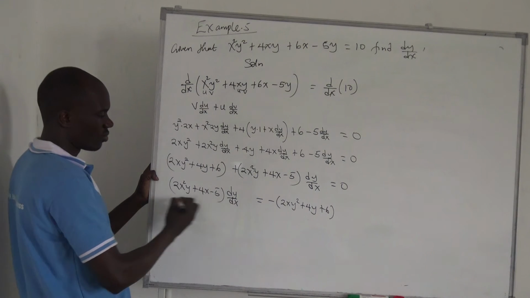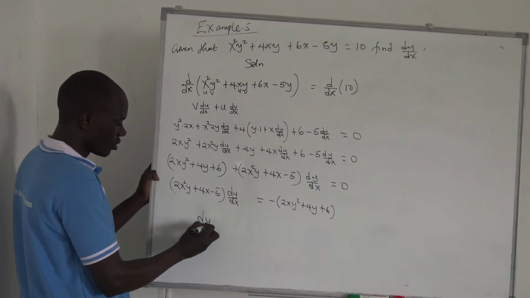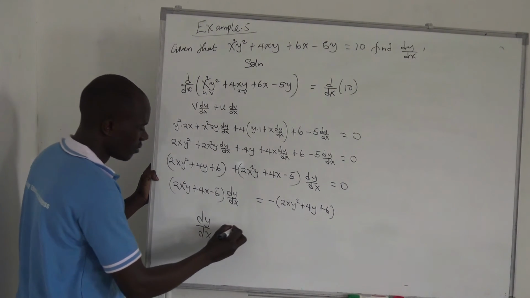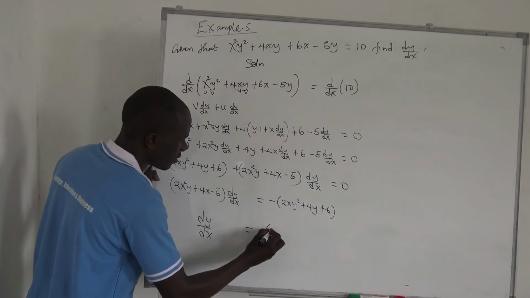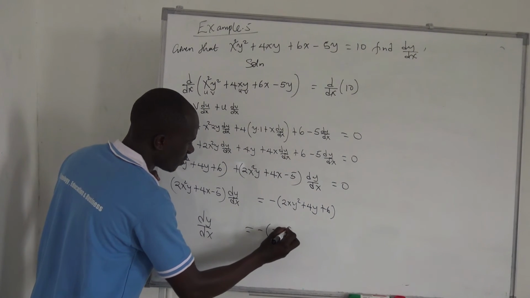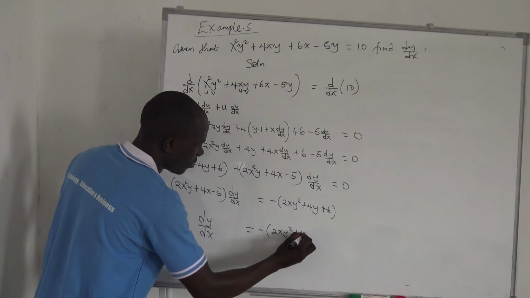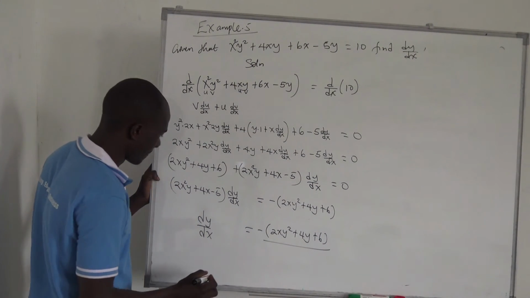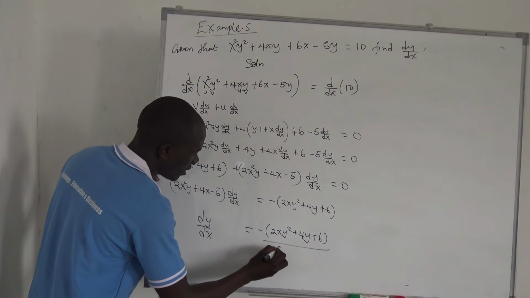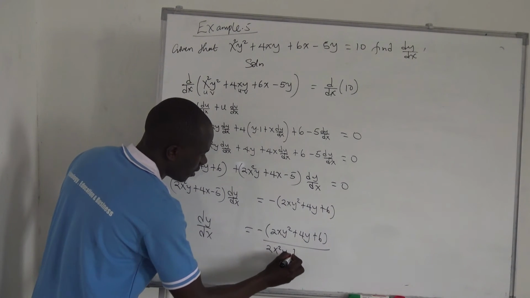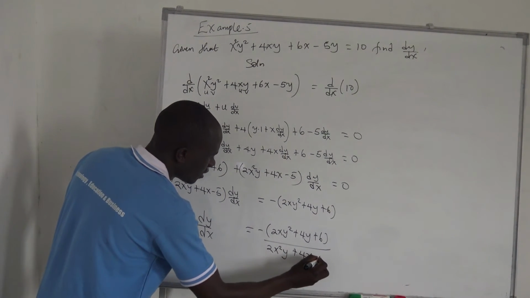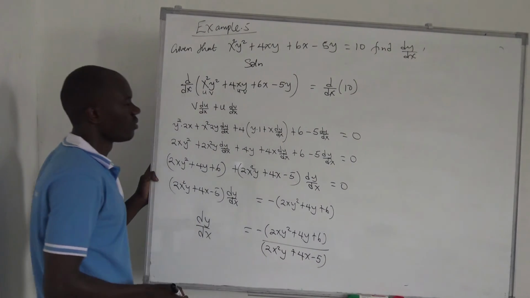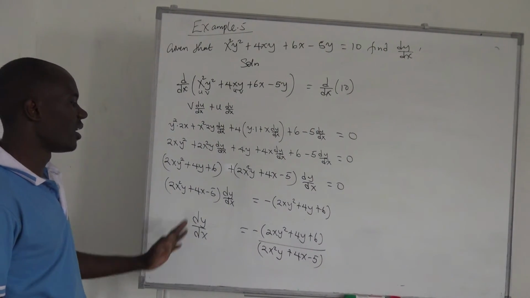We divide by this, so we remain with dy/dx. So what is dy/dx? dy/dx equals negative into 2xy squared plus 4y plus 6 all over 2x squared dy plus 4x minus 5. So you have already got your dy/dx.